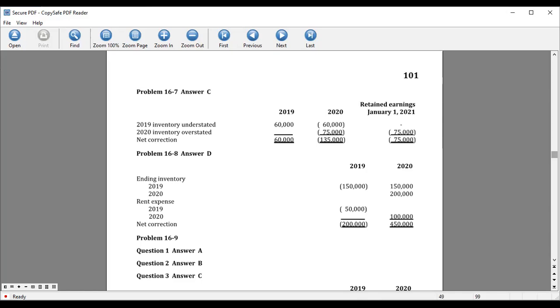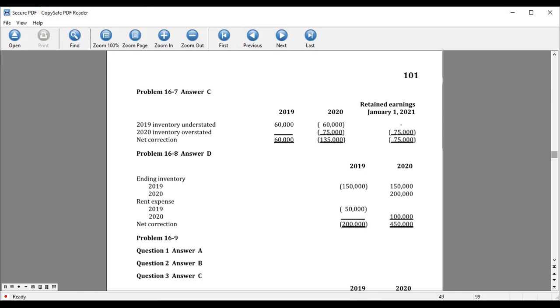So if it was understated, the amount of cost of goods sold was overstated. And so your net income here. If the beginning inventory of 2020 is understated, then you add it to your purchases, and total goods available for sale is understated.